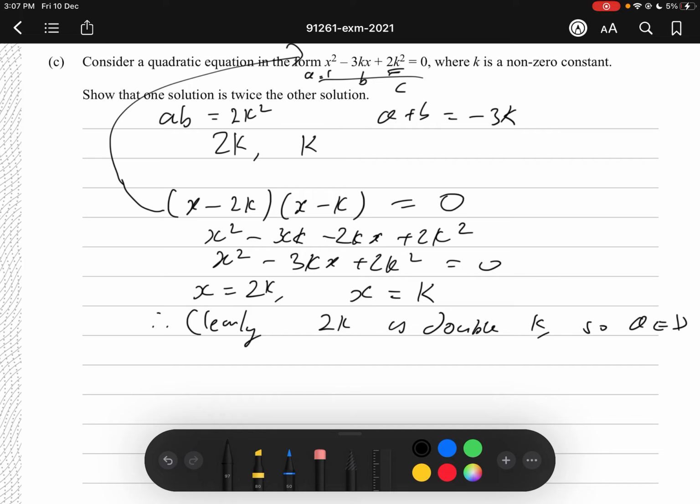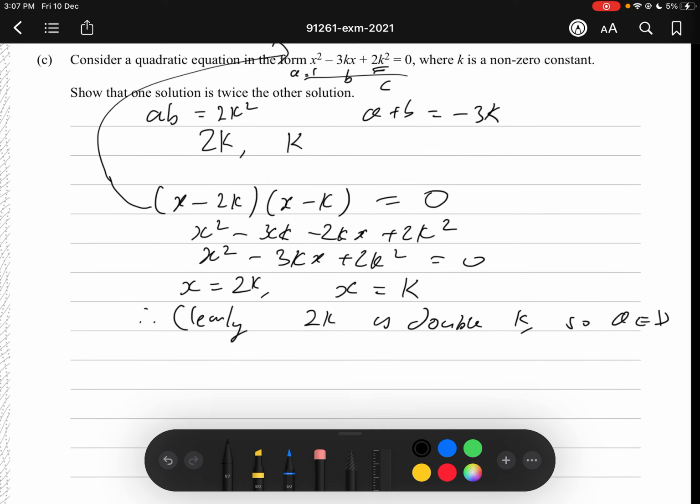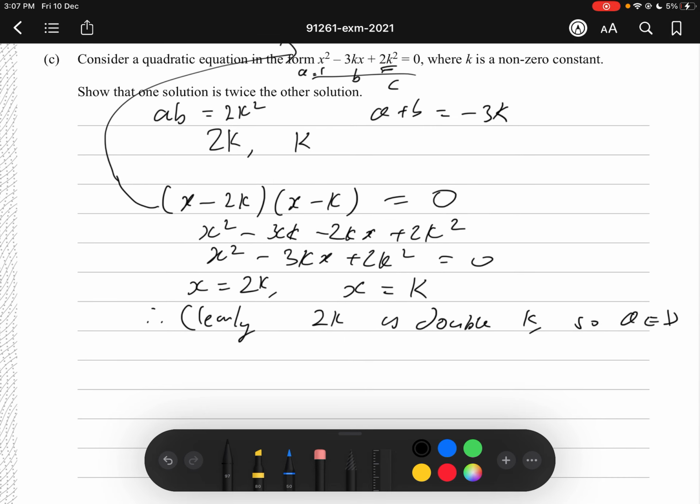The second way we can do this is to simply use the quadratic formula and plug in our a, b, and c values. So x equals negative b plus or minus the square root of b squared minus 4ac, all over 2a.